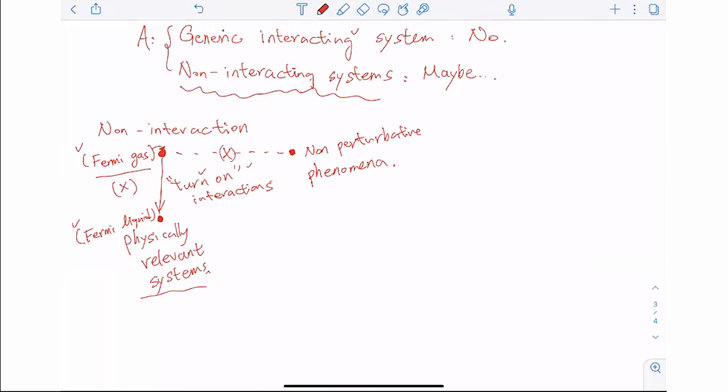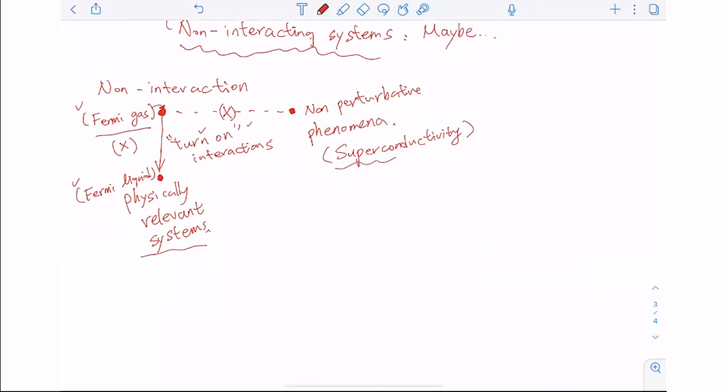But there are things that you cannot get starting from the Fermi gas. That something is like superconductivity. Okay. So it is not obvious at this moment why superconductivity is very different from the Fermi gas, because we never really introduced what that is.